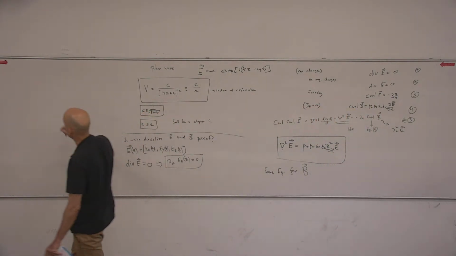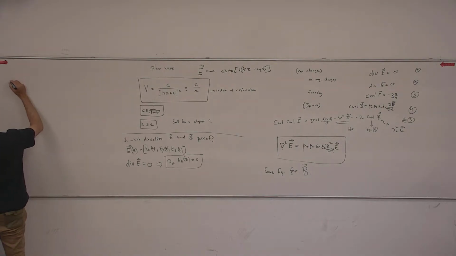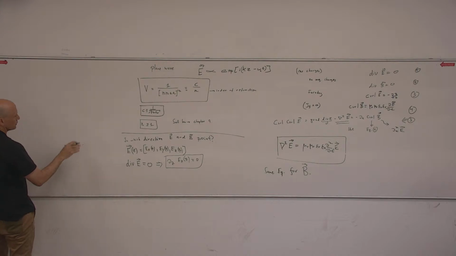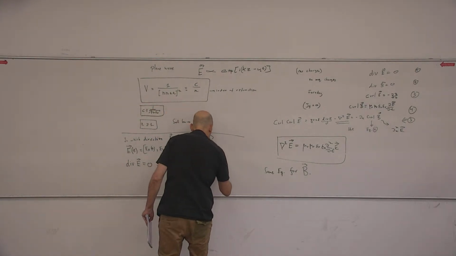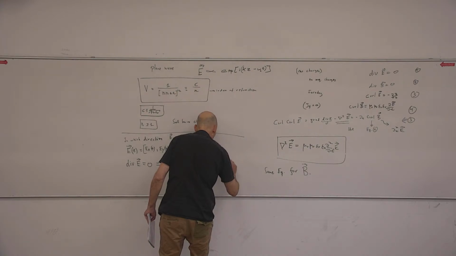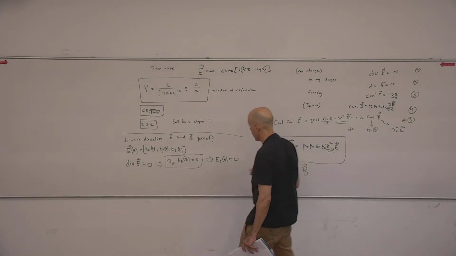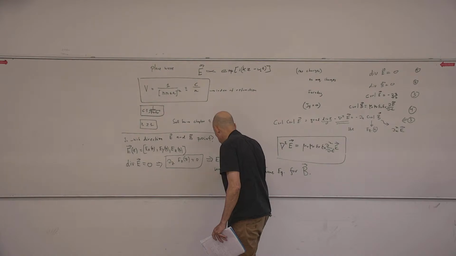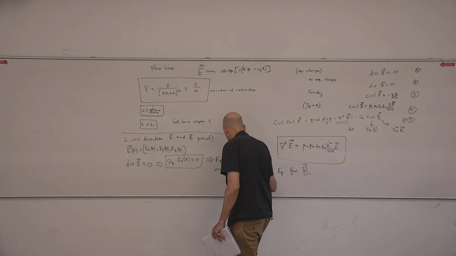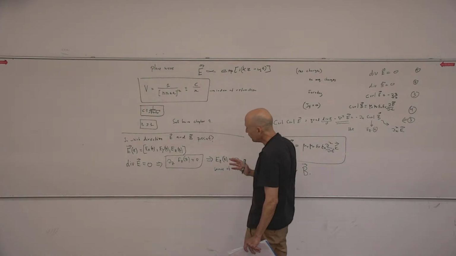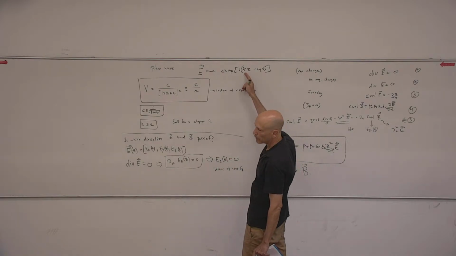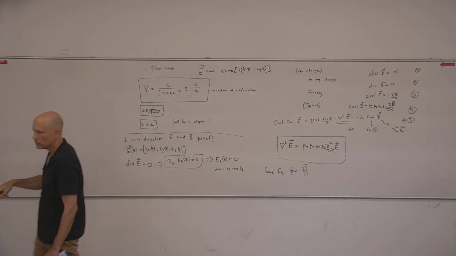So Ez is equal to 0. The reason why this is only the space derivative is because of the wave equation. You cannot have a time prefactor. It could be a constant, but a constant would mean k equals 0, and we say k is fixed.